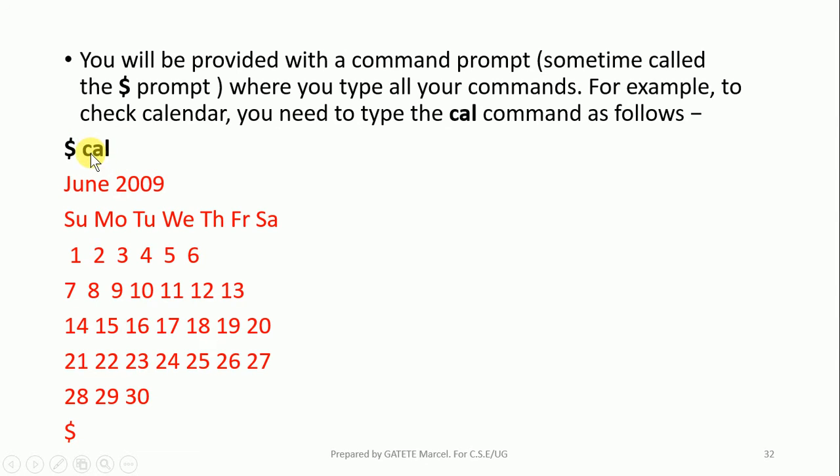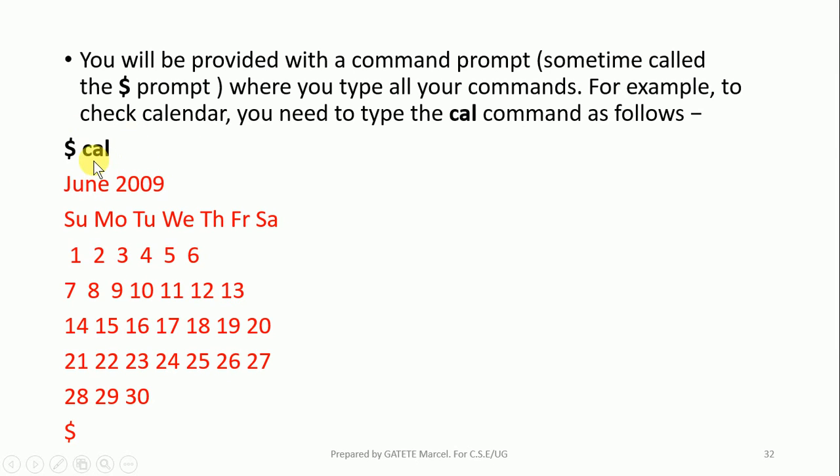Cal is used to display the calendar, that is, the month of today and the year, showing you the calendar of the month of June from the first day till 30. This is the first command we can type on our prompt.